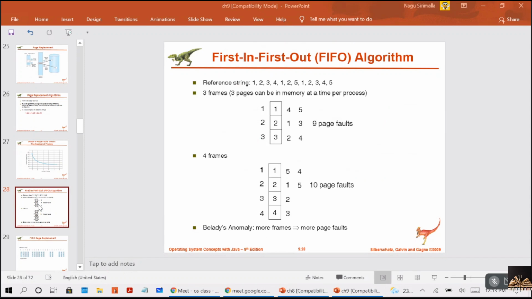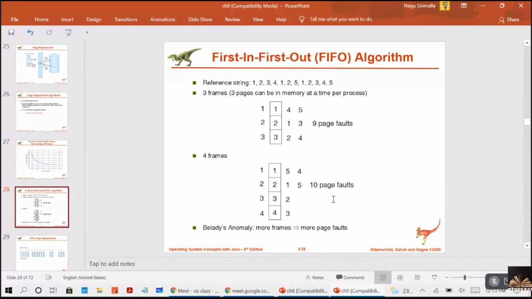He has shown this example with 3 frames and 4 frames. Here the main memory can accommodate 4 frames, there only 3 frames. For this given reference, with 3 frames it gives 9 page faults, with 4 frames it gives 10 page faults.